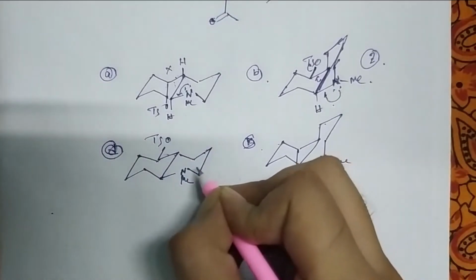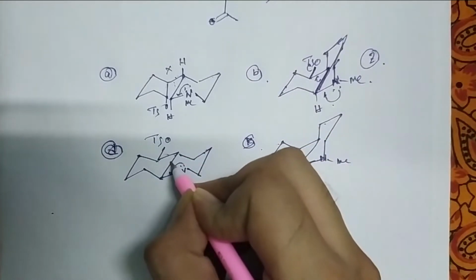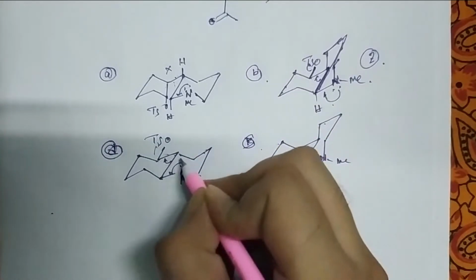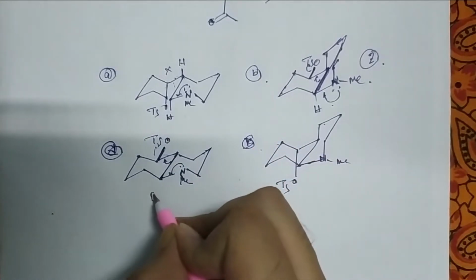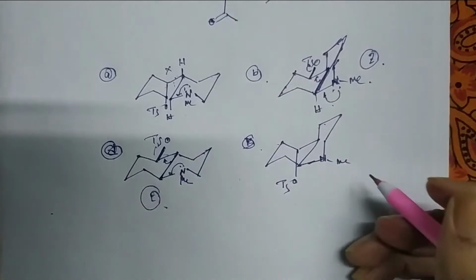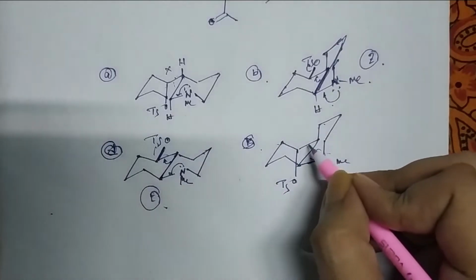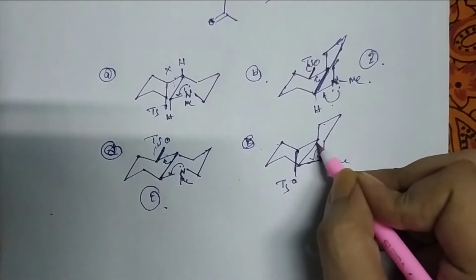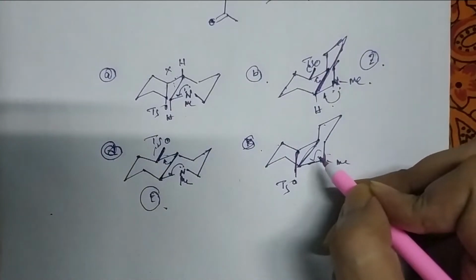So let's go to C. Here, if N pushes back here, this goes here, this goes here. Yes, here the orientation is perfect, and the double bond will be of E type. Now just check for D, if N goes here, the leaving group and the migrating bonds are not perfectly oriented.